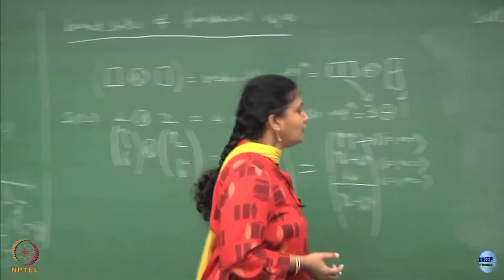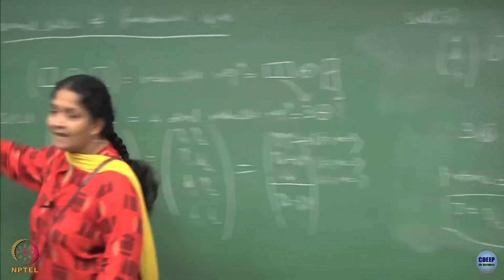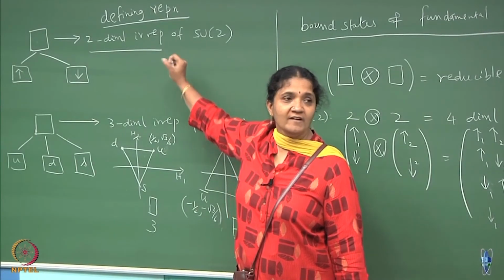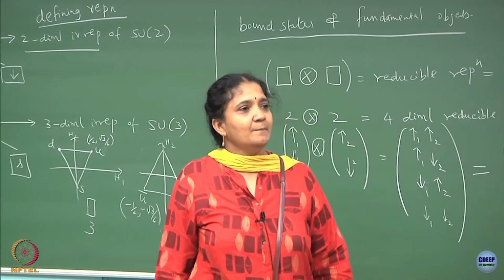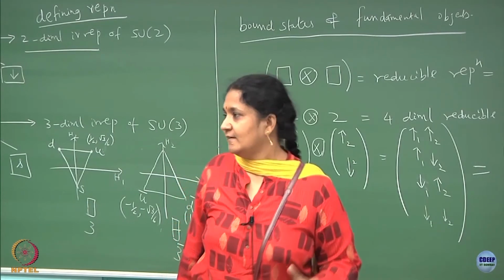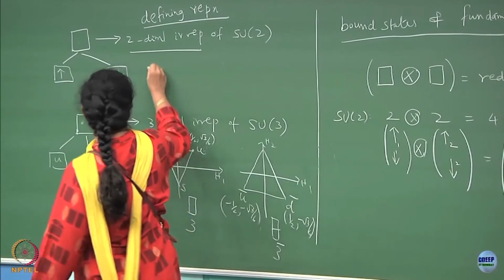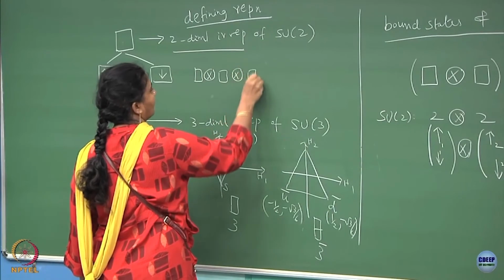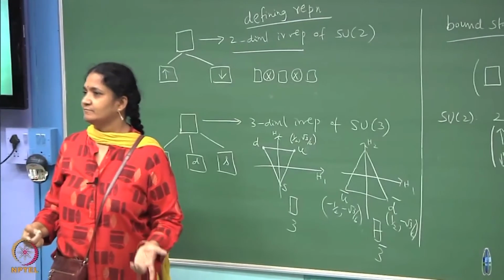If I want to get spin, I need to remember that I am doing SU2. If I want to get spin 3 by 2 and half, but nothing else, what composition should I take here? Only 3 or more than 3?